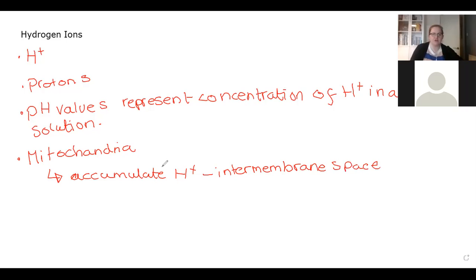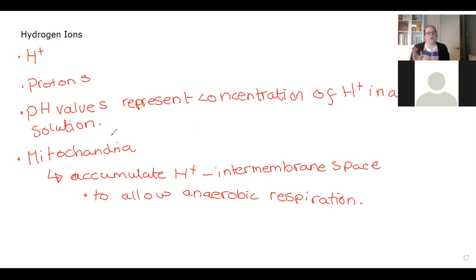They accumulate hydrogen ions and store them in this intermembrane space. Why do they do this? Well, they do this to allow anaerobic respiration to take place. Mitochondria is the site of respiration.